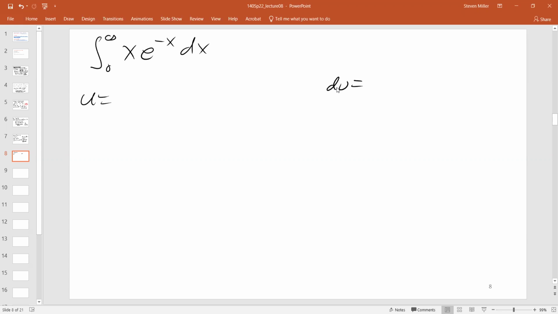So now, what should we try for u? Let's try u equals x. So dv is e to the negative x dx, or dv dx is equal to e to the negative x. Okay.